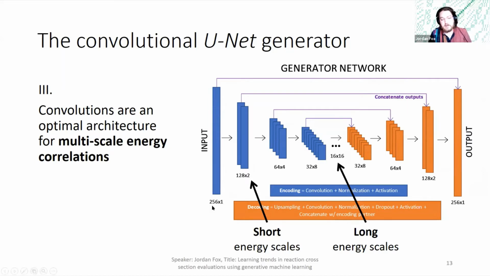At the beginning, that's binned in 256 bins, so 30 over 256 is about 0.1 MeV. And then as we march down, we're looking at longer and longer energy scales. By the time we get to dimension 16 in the center latent space, that's like 2 MeV. So we're going up more than a whole order of magnitude. It's that consecutive convolutional nature of this that lets us get those correlations.